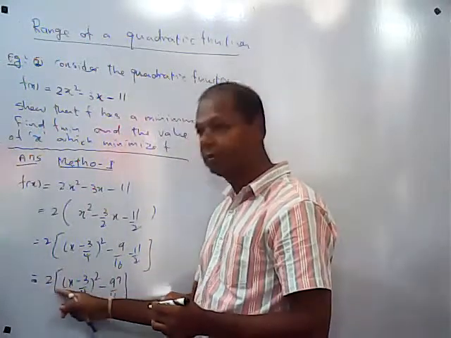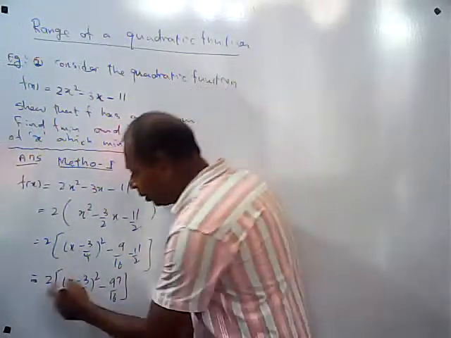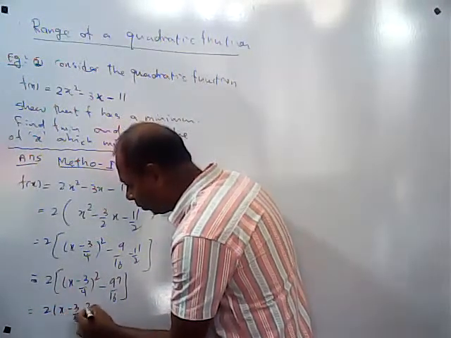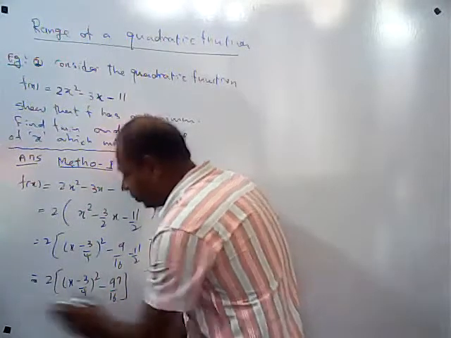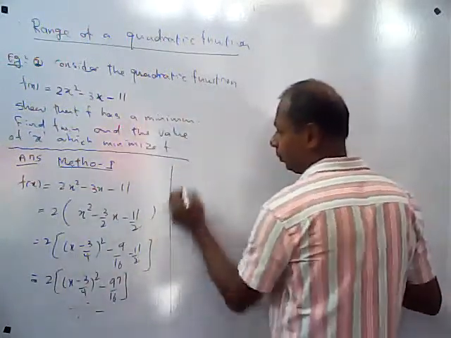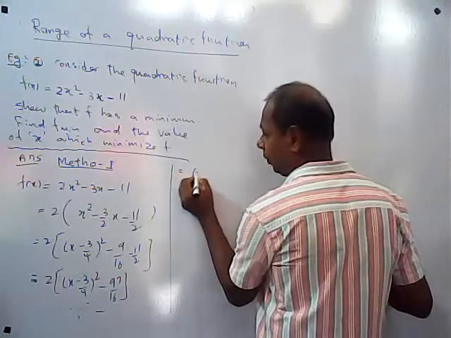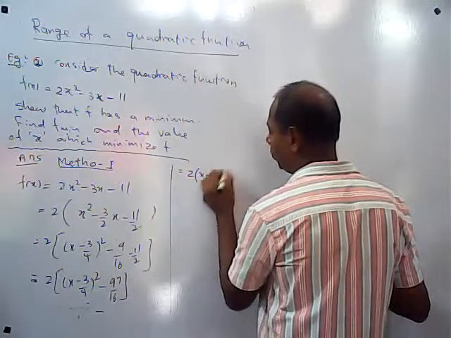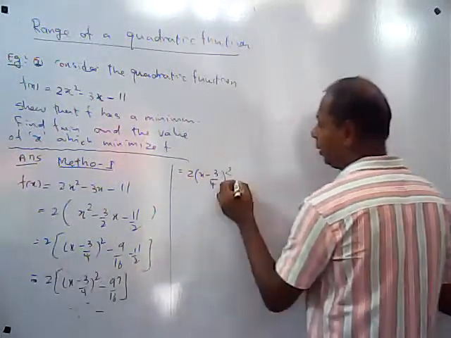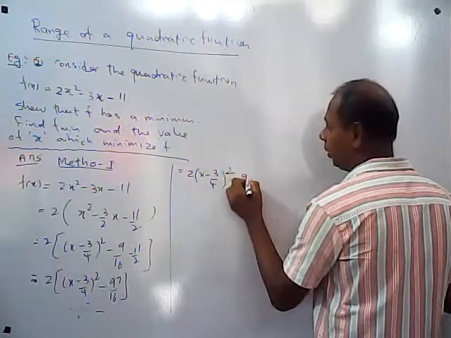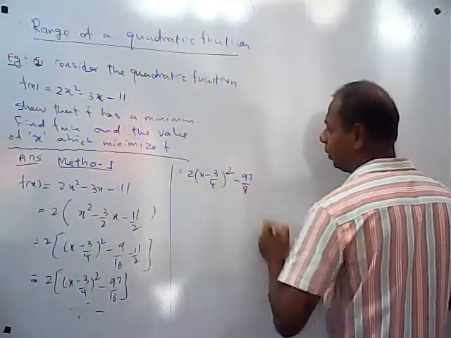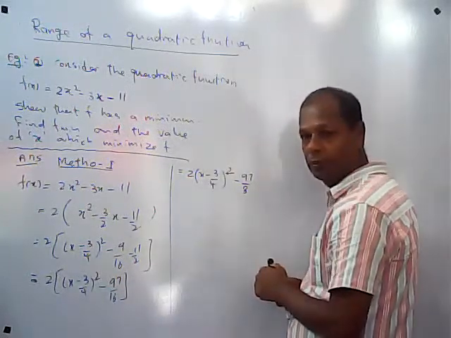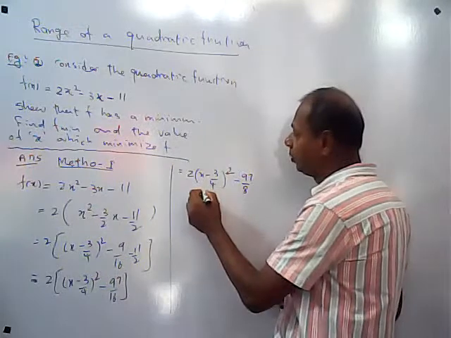Then open the outer brackets. Outer brackets, that will give 2 times x minus 3 over 4 squared minus, multiply, you get minus 97 over 8. So this is our argument.